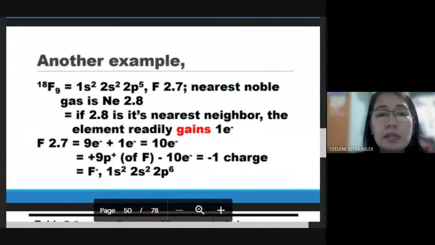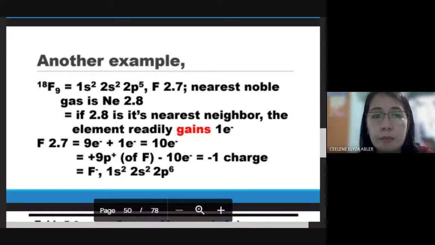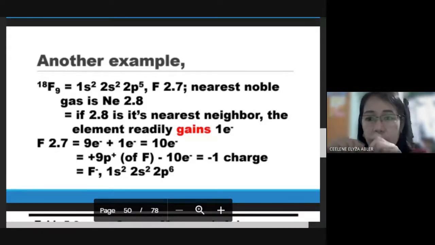All right, so this is your fluorine. Fluorine, class, is very important in biology because we use it in our toothpaste, and it is what actually hardens our teeth. It naturally occurs as a gas, but we use it as a compound, fluoride, in our toothpaste.